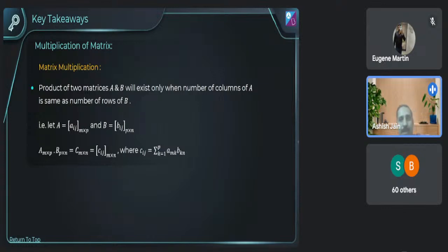This number of columns of A and number of rows of B are matching. So हमने बोला कि हम इसको multiply कर सकते हैं. And the dimension of the multiplication matrix would be number of rows of A and number of columns of B. So number of rows of A is m and number of columns of B is n.